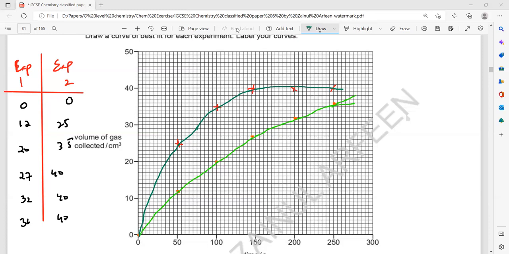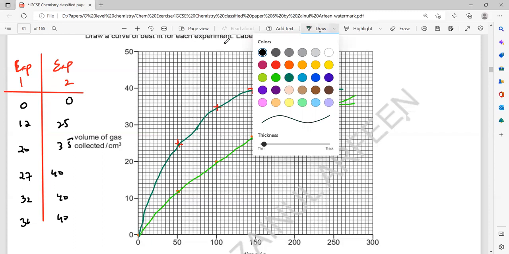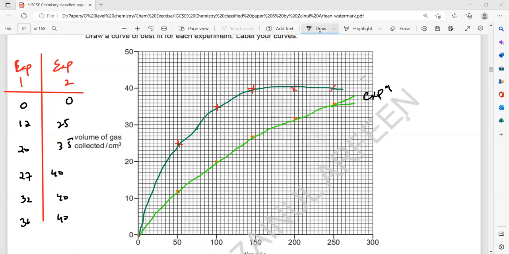You can just simply put a cross. You don't have to encircle. Then we have to label them. That's the important part. So on the graph, you can label experiment. This was experiment 1, so you write experiment 1 here. And this one is experiment 2. Encircle the dot, it's fine. It's up to you. If you want to even encircle all, it's fine. It does not make a difference.